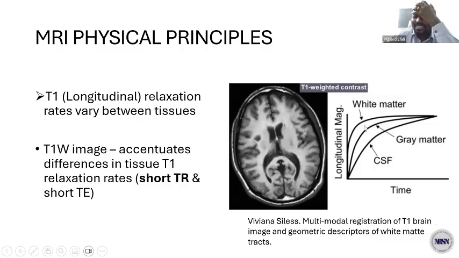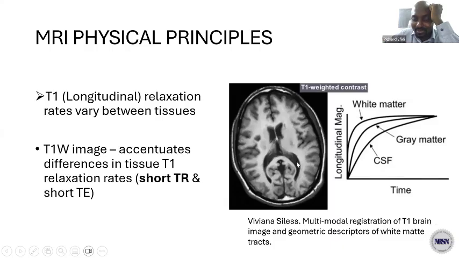Okay, so I was talking about the longitudinal relaxation curve and the fact that the different structures of the brain have different rates of longitudinal relaxation, and that is what is exploited in T1 contrast, which we see in T1 weighted image. So because the relaxation rate for CSF is the lowest, if we capture the image at this point using a short TR, which is the parameter used for controlling T1 contrast, we'll realize that CSF has the lowest signal here, because this represents the signal intensity.